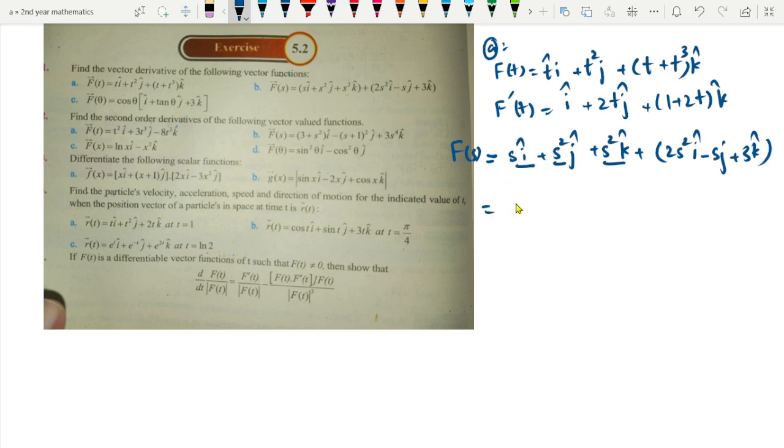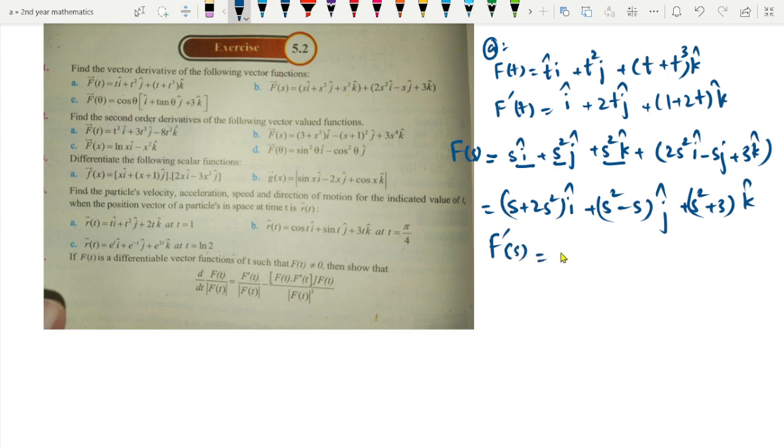So this will become s plus 2s square i plus s square minus s j plus s square plus 3 k. By taking the derivative of this one, f prime of s is equal to 1 plus 4s i, plus 2s minus 1 j, plus 2s k. So this is our final answer.